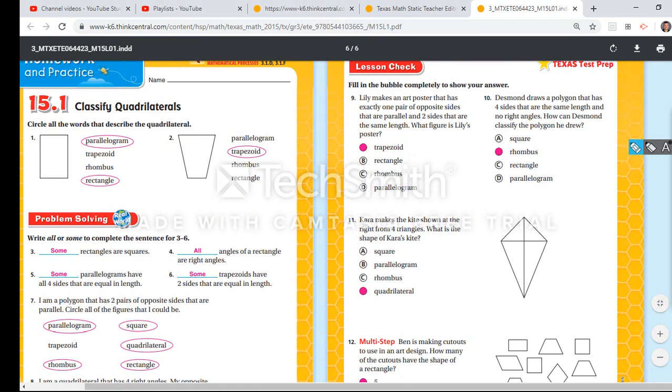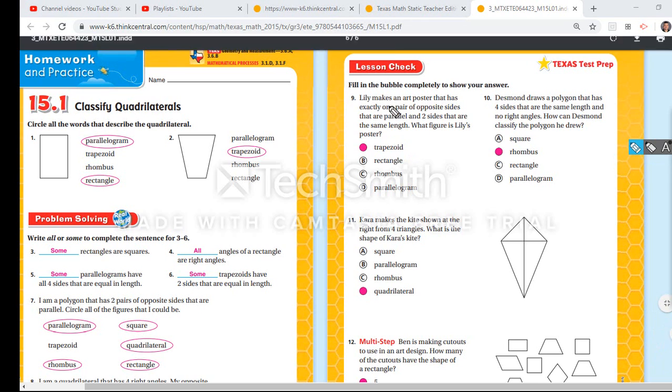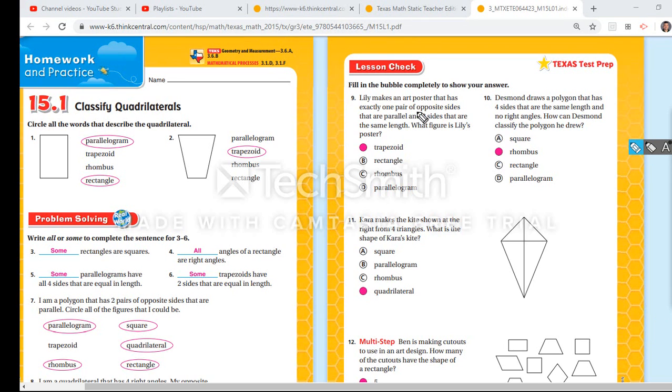Okay, number 9. It says Lily makes an art poster that has exactly one pair of opposite sides that are parallel and two sides that are the same length. What figure is Lily's poster? So you look at the characteristics. One pair of opposite sides that are parallel and two sides that are the same length.